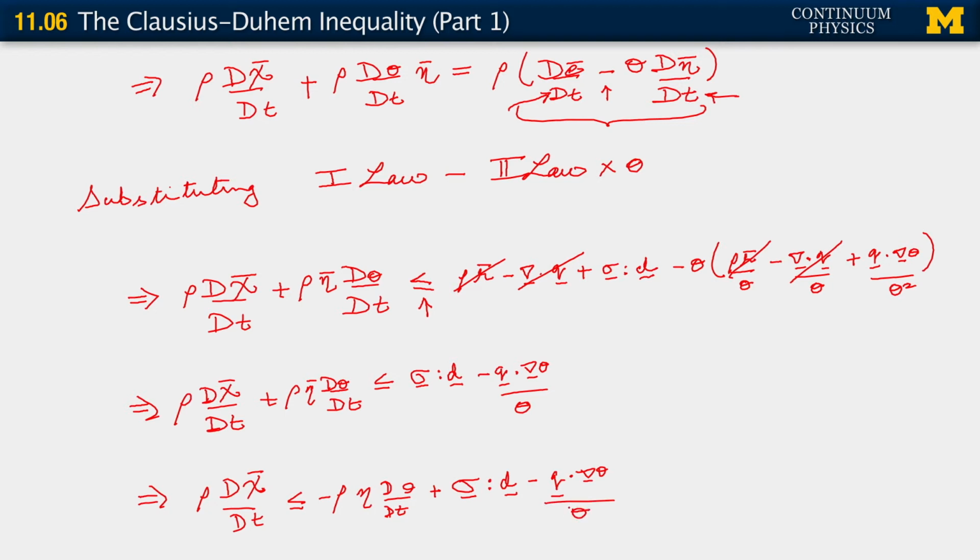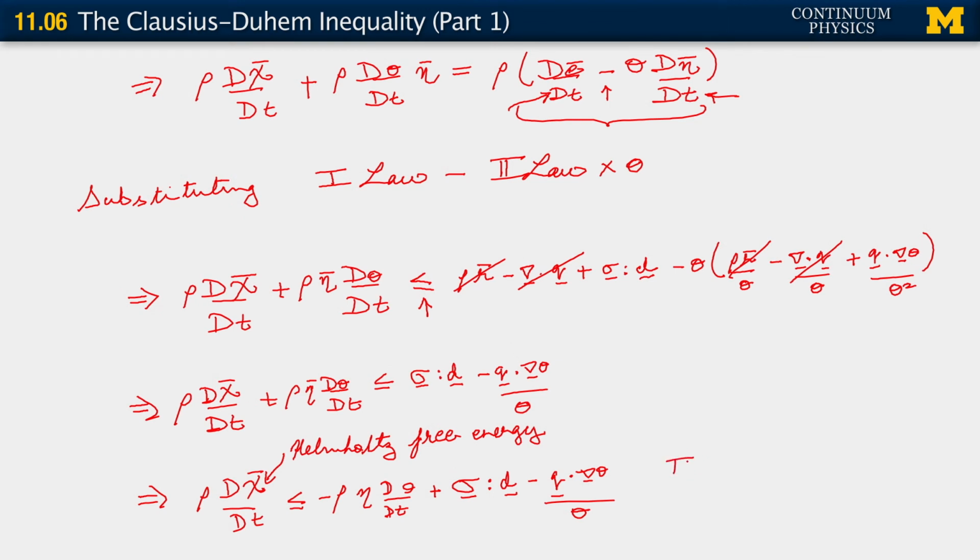In this form, when we recognize that chi bar is something that we've referred to previously as the Helmholtz free energy, what we are getting here is a relation that is sometimes called the free energy inequality.